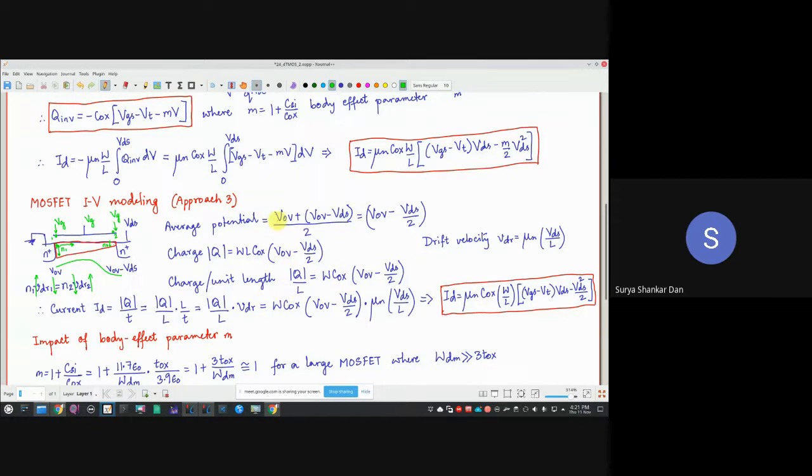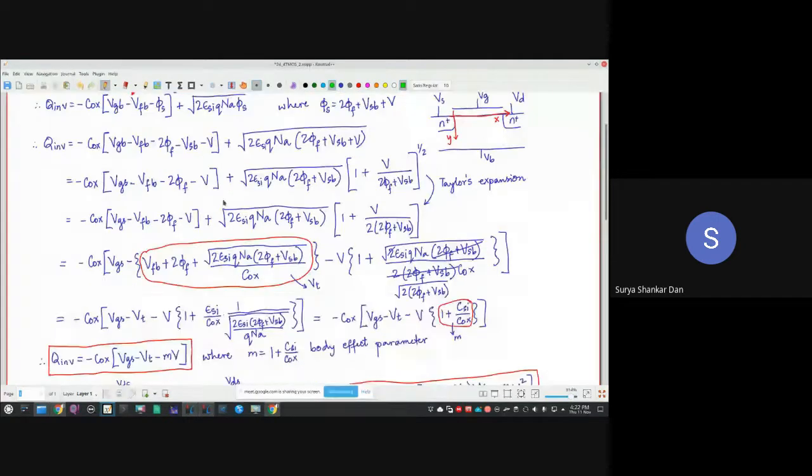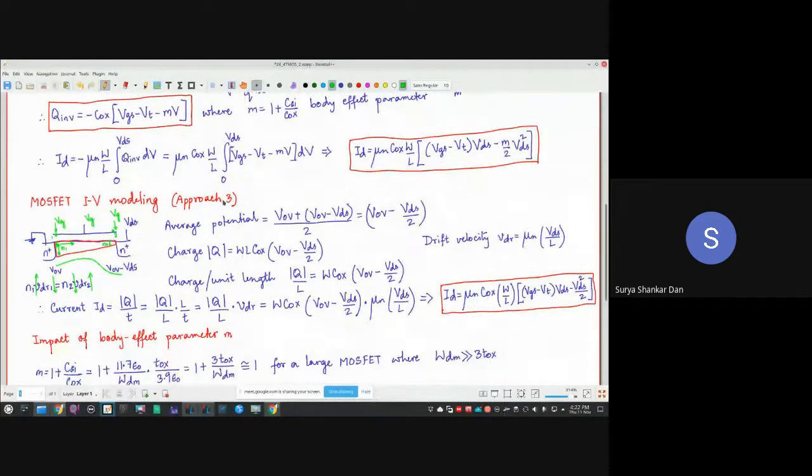So if you're taking the average here and there, how can you take this average? A plus B by 2 can be taken only when the variation is linear. So this average, we are dividing by 2, which means it is a gradual channel approximation. So approach 3 as well as approach 2 are valid only for GCA. Okay?